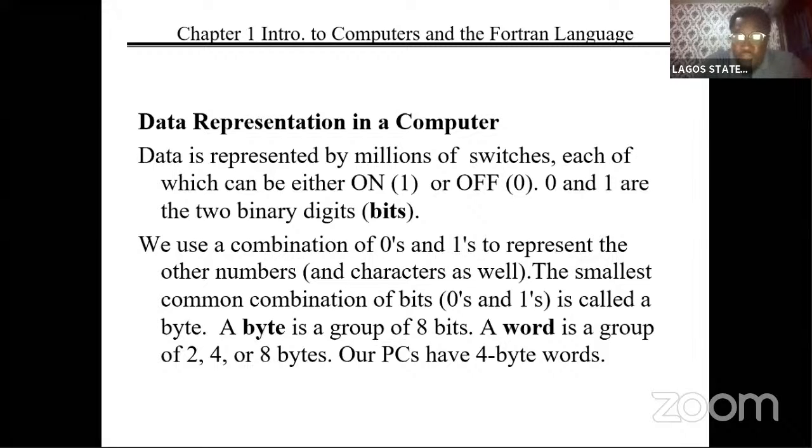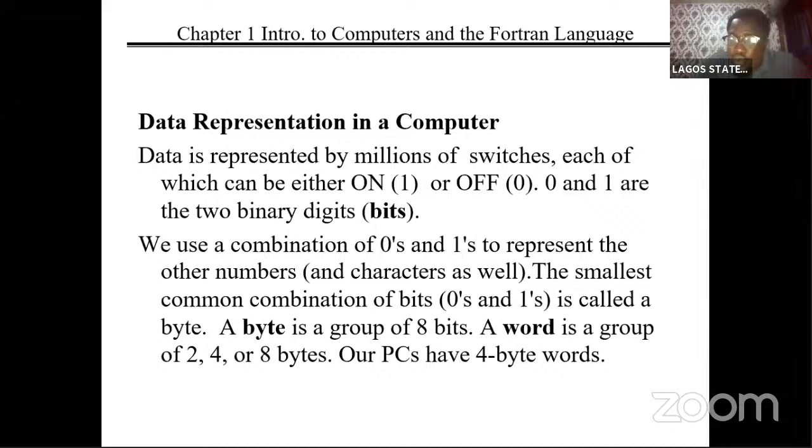If it is off, we say it is represented as what? 0. So 0 and 1 are the two binary digits, and that is why we call them bits. Bit is actually generated from binary digit. So we use a combination of zeros and ones to represent other numbers and characters as well.